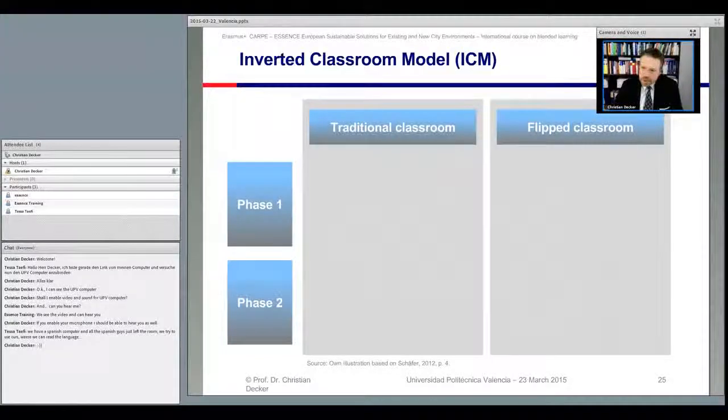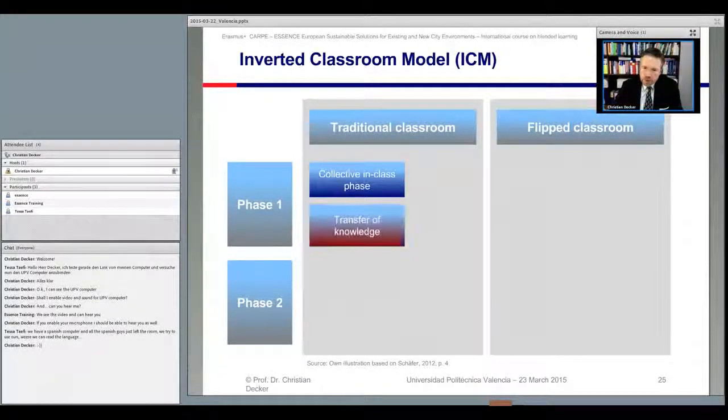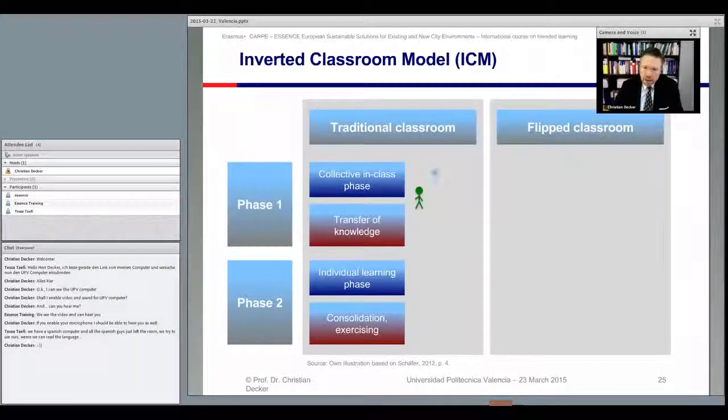Talking about the traditional classroom, we all know the traditional classroom setting. There is a phase 1 and a phase 2 that we can distinguish. In the collective in-class phase in the traditional classroom setting, students will listen to the lecture of the instructor.